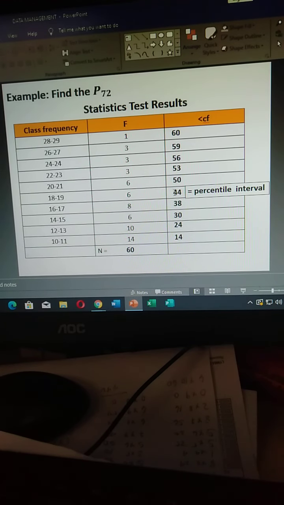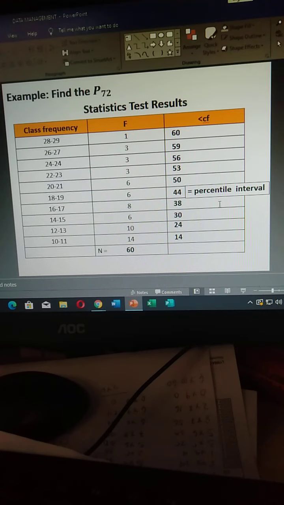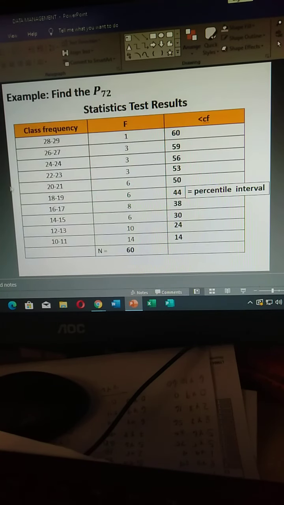And then, since meron na yan, yung capital F dito, that is the cumulative frequency before the percentile interval, and the cumulative frequency before the percentile interval is 38. Kaya as you can see here, 38 yung nakalagay. Now, dito naman alam natin na ang interval is 2, 18 to 19, dalawa, and then the frequency nitong percentile interval is 6.